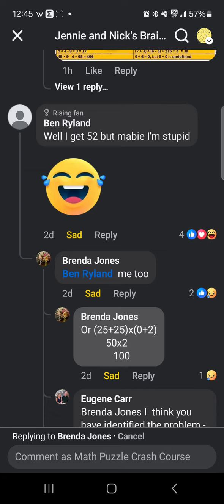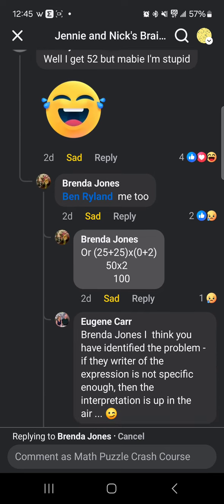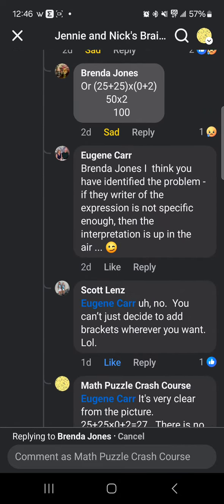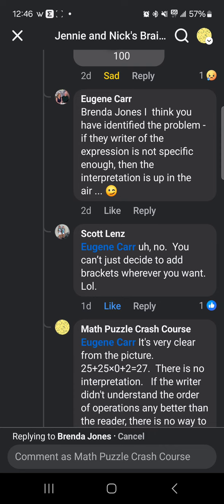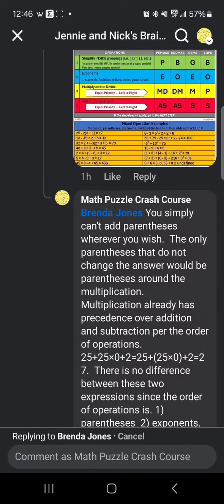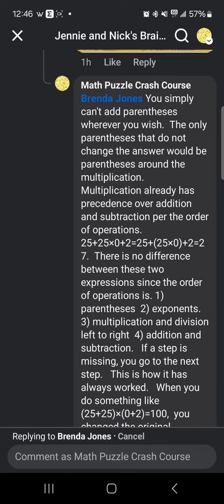You're changing the problem. You really can't just put parentheses wherever you wish in a problem, and I think that's the point. And so the only point of this whole exercise is just to understand that the order of operations applies here.